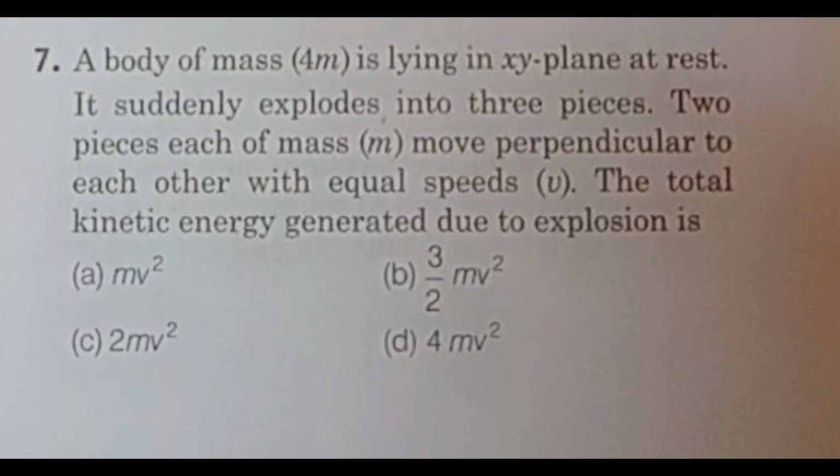The total kinetic energy generated due to explosion is, and the options are mv square, 3 by 2 mv square, 2 mv square, and 4 mv square. And the right one is option number B, 3 by 2 mv square.